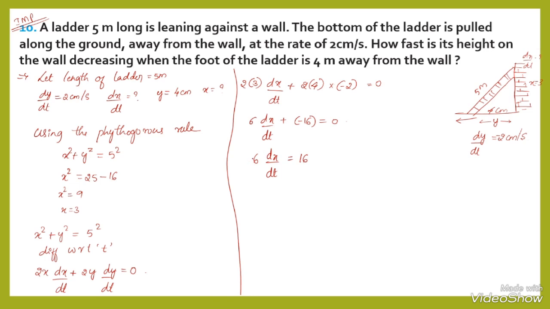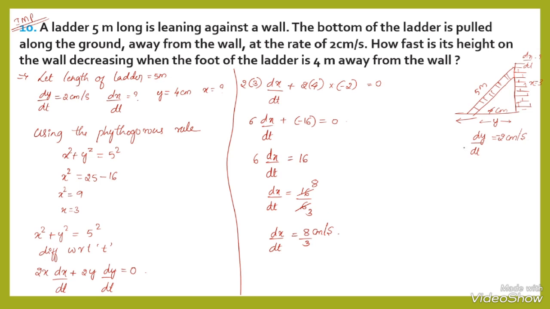dx by dt is equals to 16 by 6. The value I can take: 2 3s and 2 8s. That is dx by dt will be 8 by 3 centimeter per second.